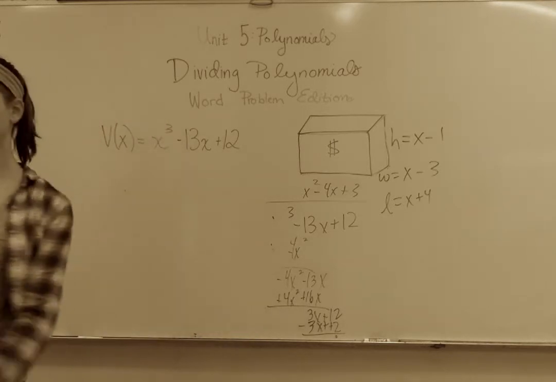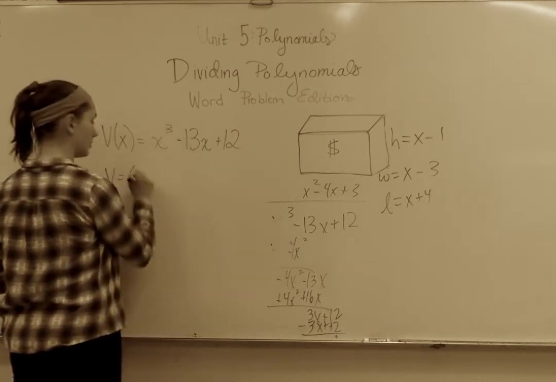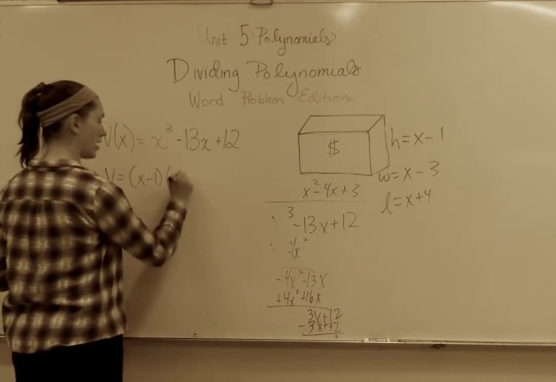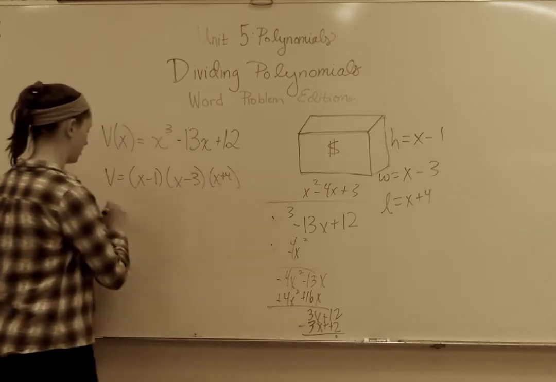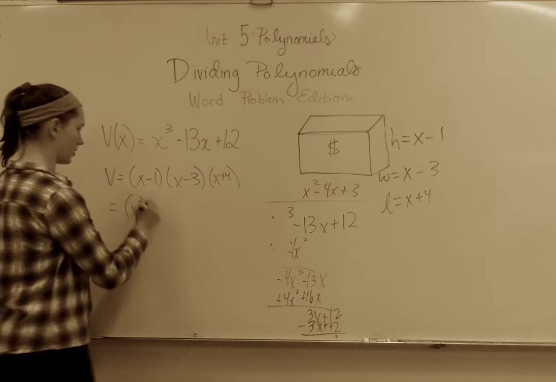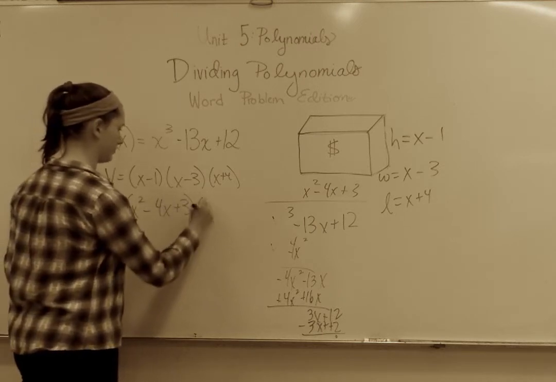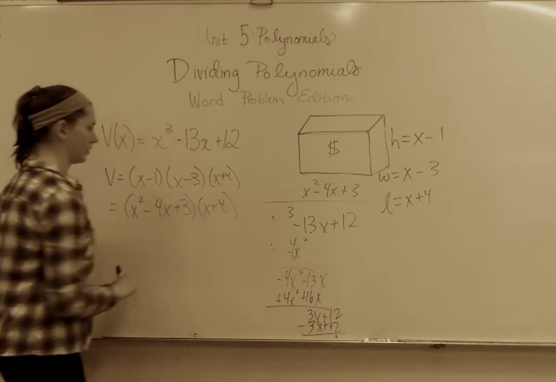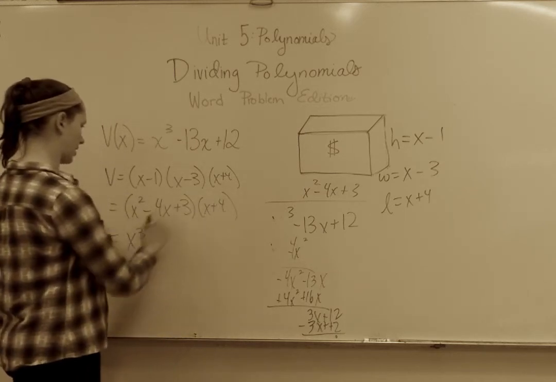Alright, I'm going to multiply x minus 1, x minus 3, x plus 4. First up, I get x squared. Alright, then I multiply these last two, get x cubed.